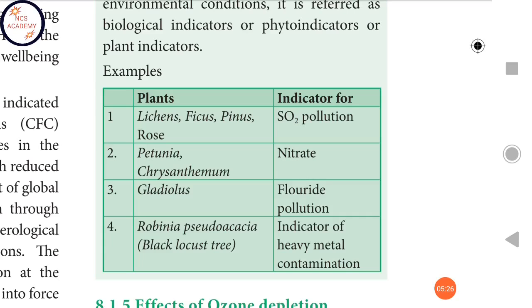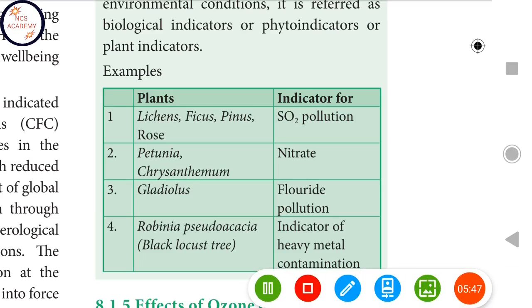Next species is gladiolus, which indicates fluoride pollution. Fourth one, robinia pseudoacacia, the indicator of heavy metal contamination. These are some of the plant indicators, some of them indicating pollution.